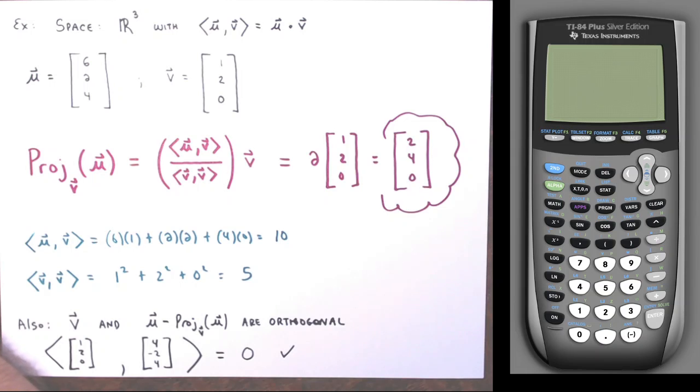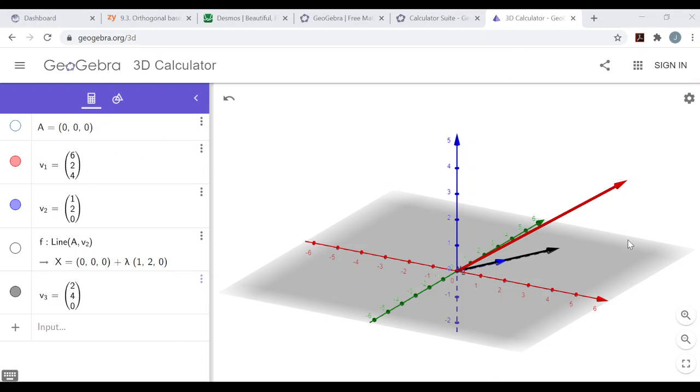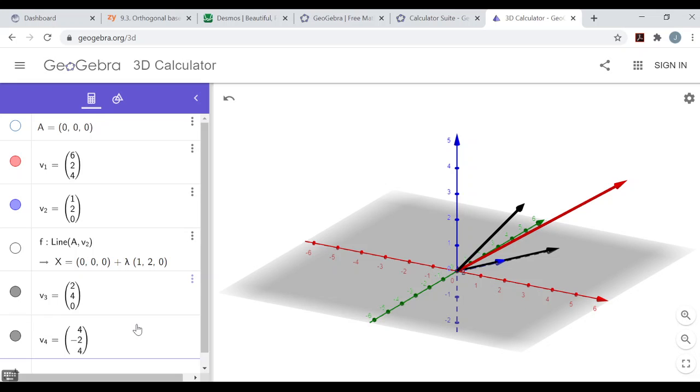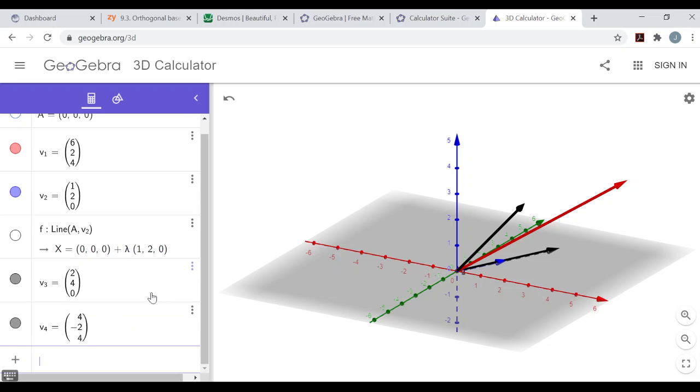And because it's the dot product, we're talking perpendicular. All right, so I'm going to put in another vector, say v4, equals that, u minus the projection of u onto v, that 4, negative 2, 4. All right, maybe I'll change some colors up.